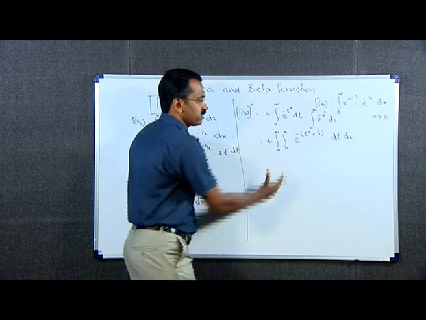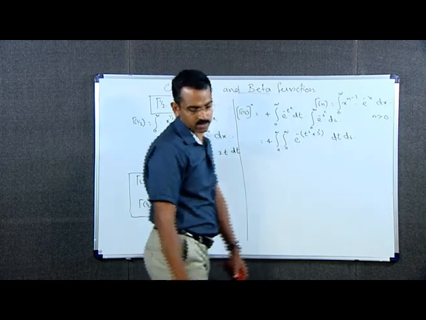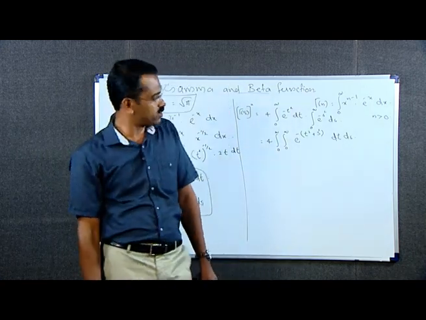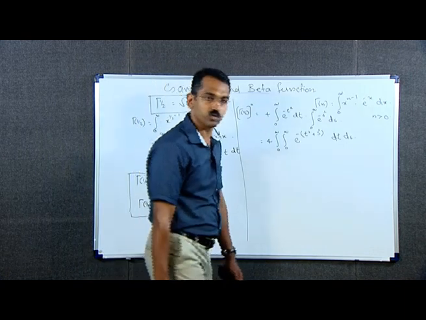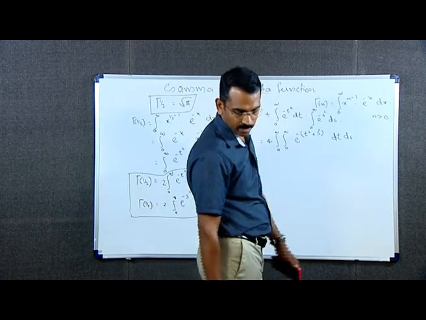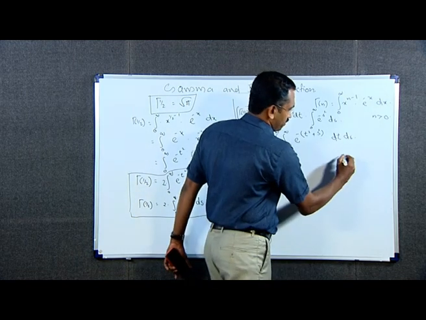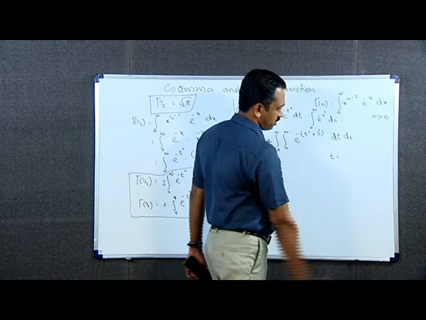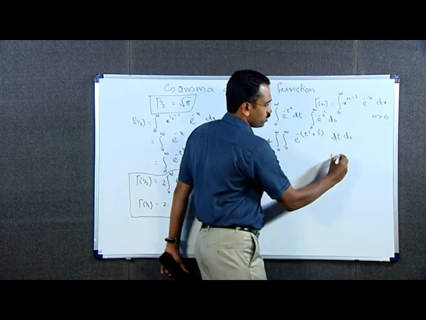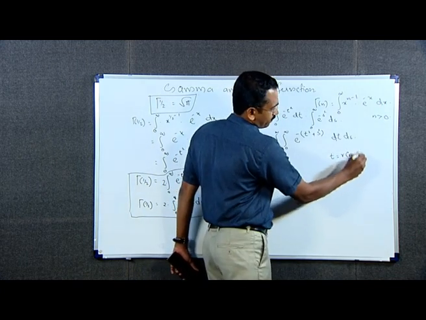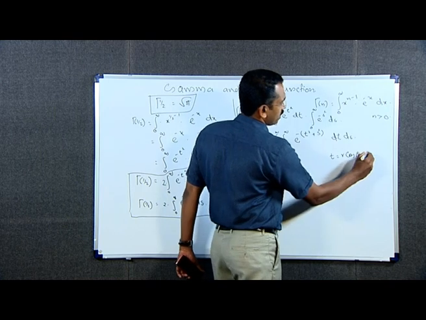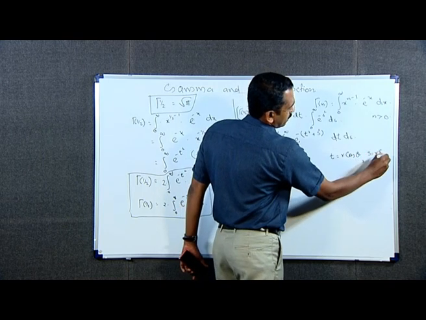Now, let us change into polar coordinates using the substitutions t equal to r cos theta and s equal to r sin theta.